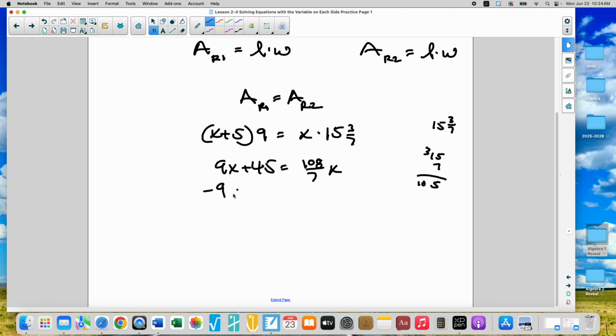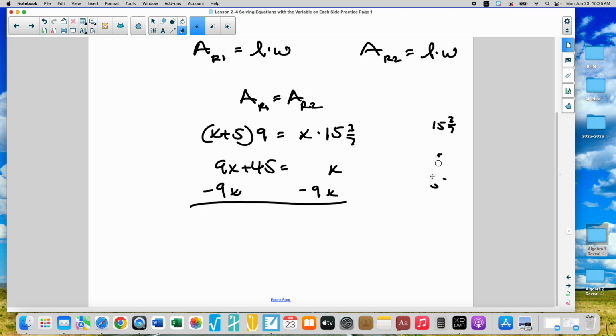We're going to minus the 9x. Actually, I don't have to change that, so I can go back on my work. We see that 15 and 3/7 is actually okay.